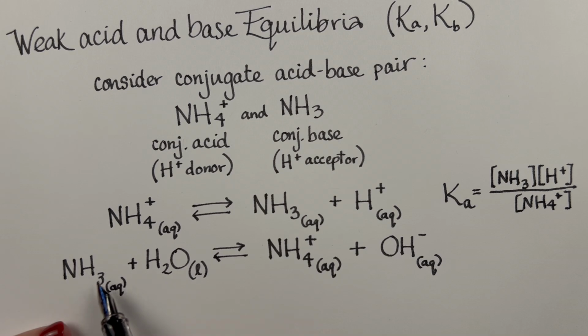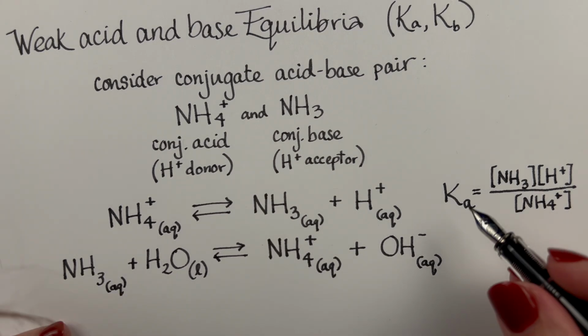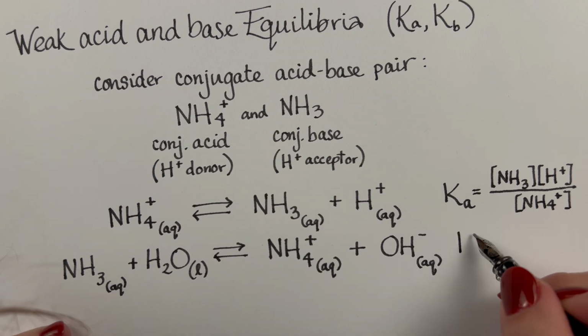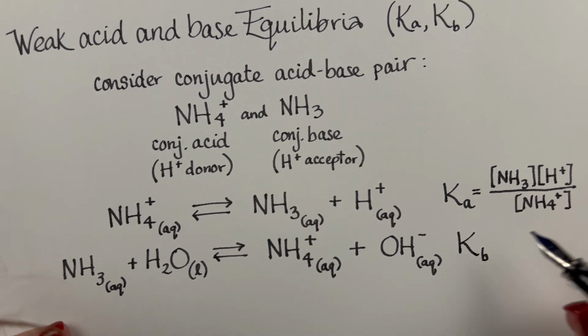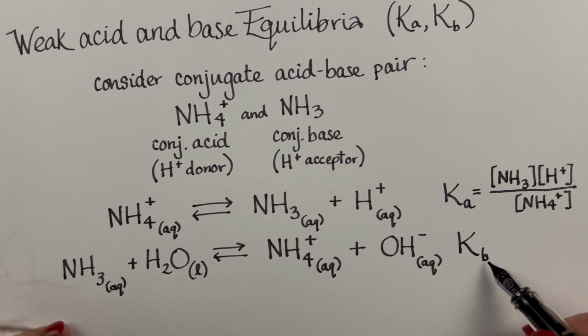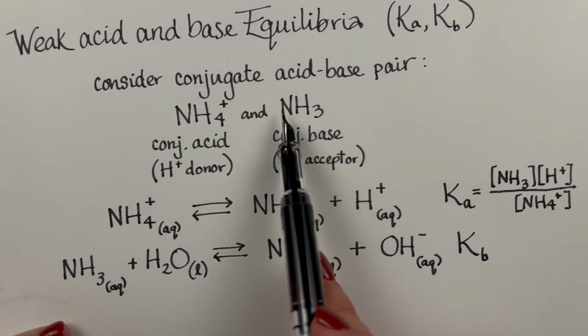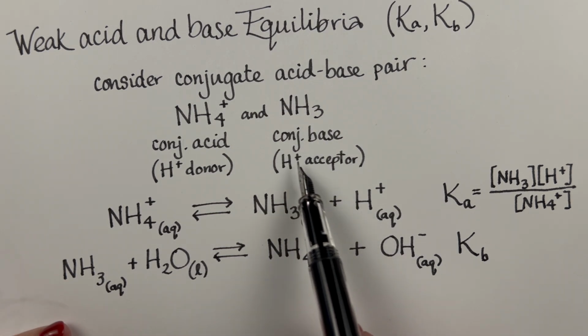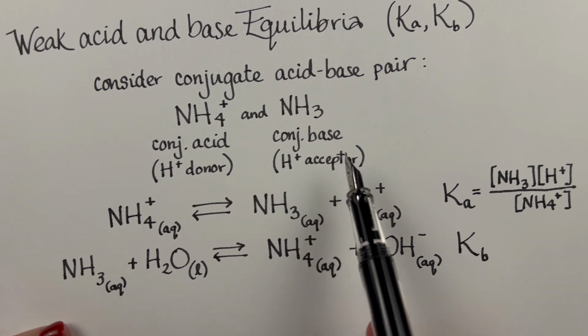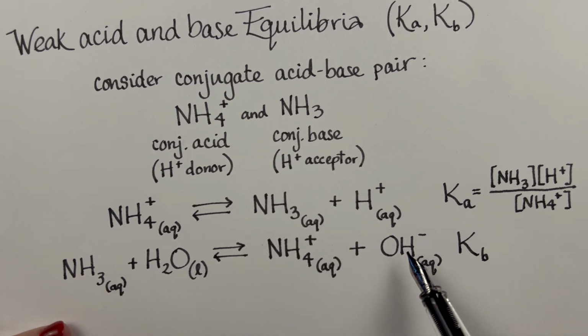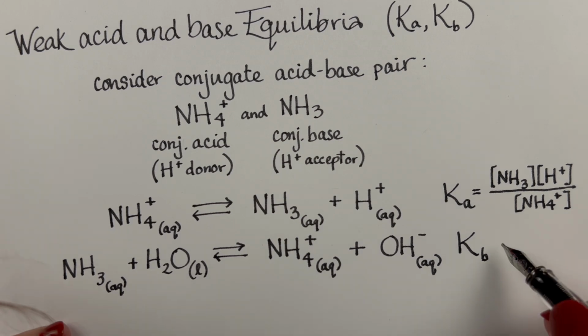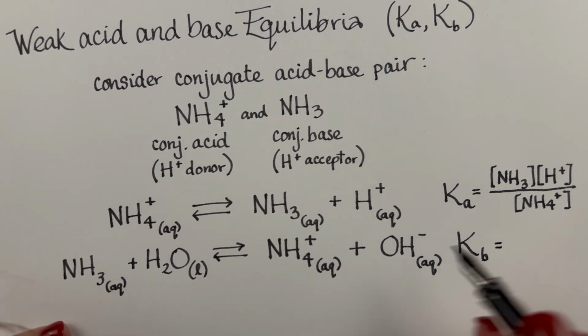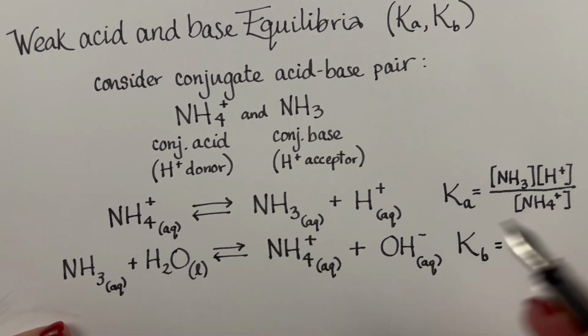Meanwhile, here we're looking at ammonia behaving as a base. And so we call this equilibrium constant Kb, because we're looking at NH3 as a hydrogen ion acceptor in this equilibrium. Okay, so once again we have products over reactants.